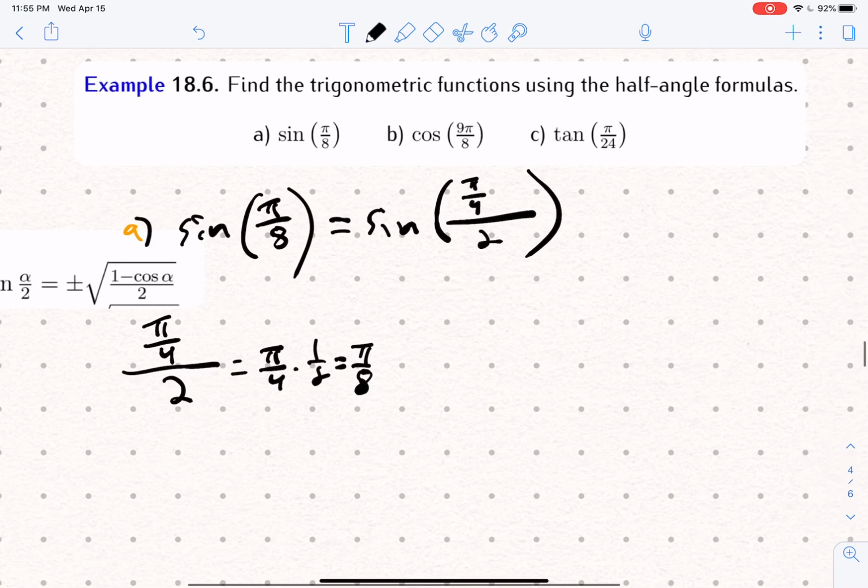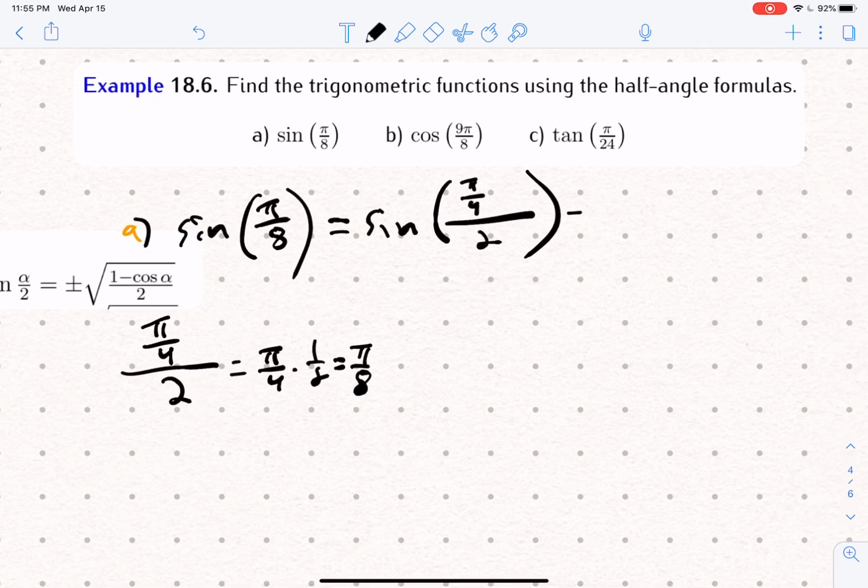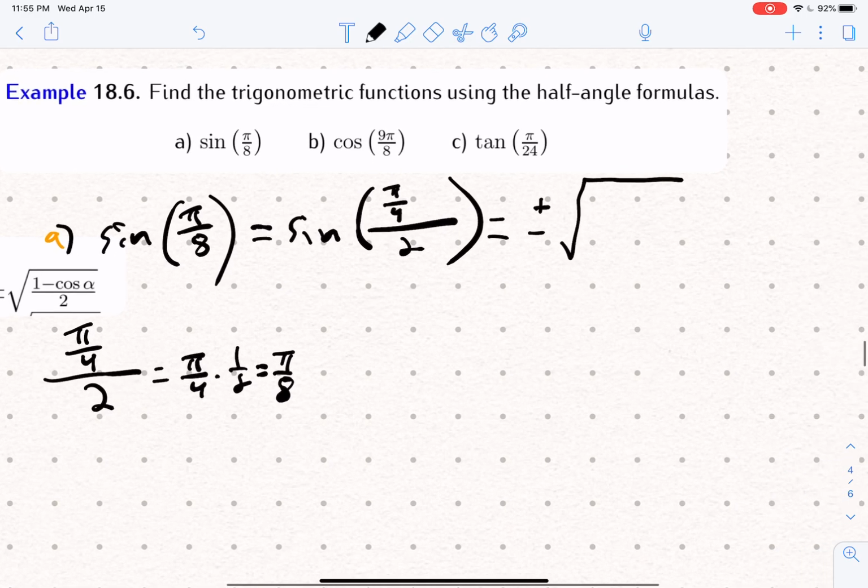Okay. Let's go ahead and do it. That whole thing is equal to, well, plus or minus radical, and then we have 1 minus cosine pi over 4, divided by 2. Okay. Now, for this, we're going to need to know cosine of pi over 4.